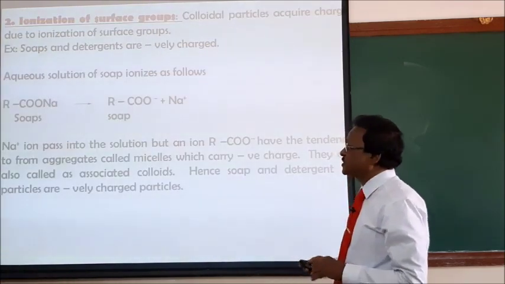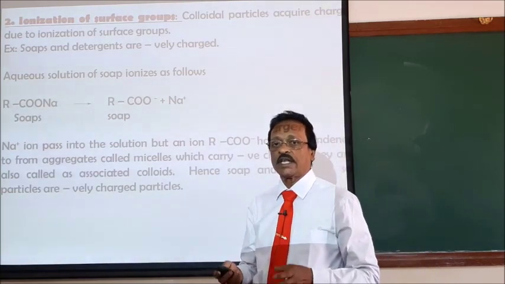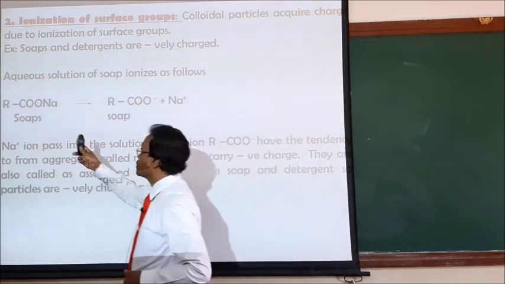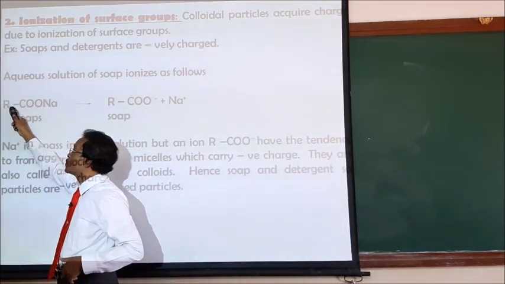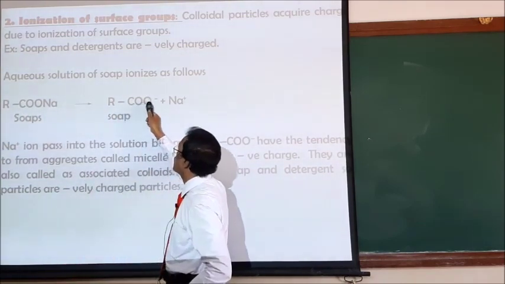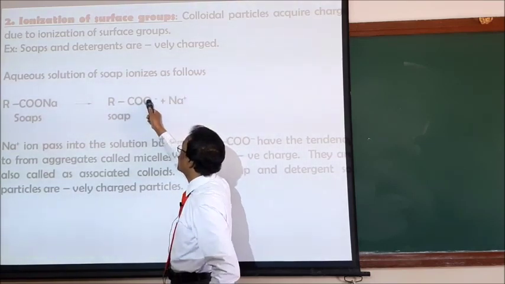Another is by surface ionization. I told you yesterday that soaps and detergents are negatively charged. Why? Soap is a sodium salt of a long chain fatty acid, a monocarboxylic acid, RCOONa. It undergoes ionization to RCOO- and Na+; the Na+ is washed away by the water, but the RCOO- carries the negative charge.